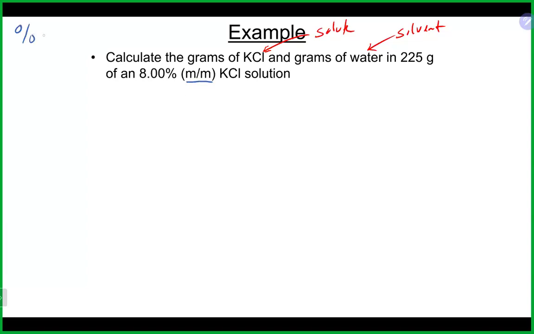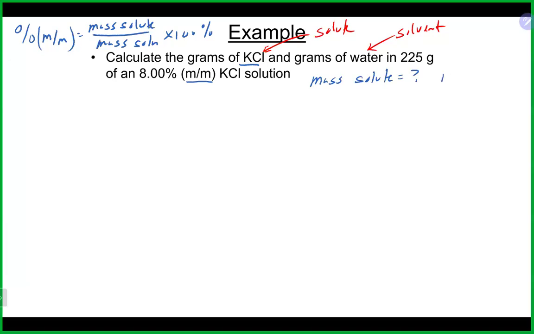So we can look at that equation here, which again is the mass of our solute over the mass of the solution, times 100%. In this particular case, we're looking for the grams of KCl, which is our solute. So we're looking for the mass of our solute.